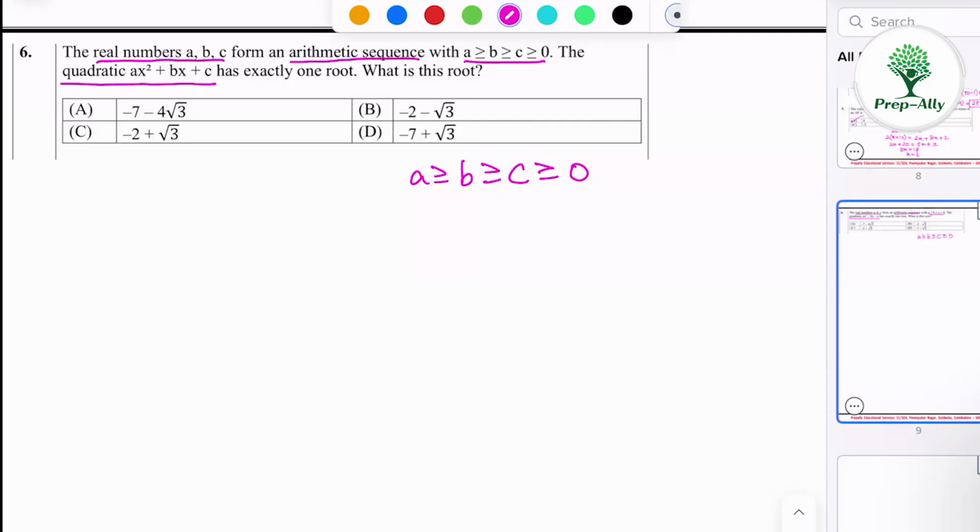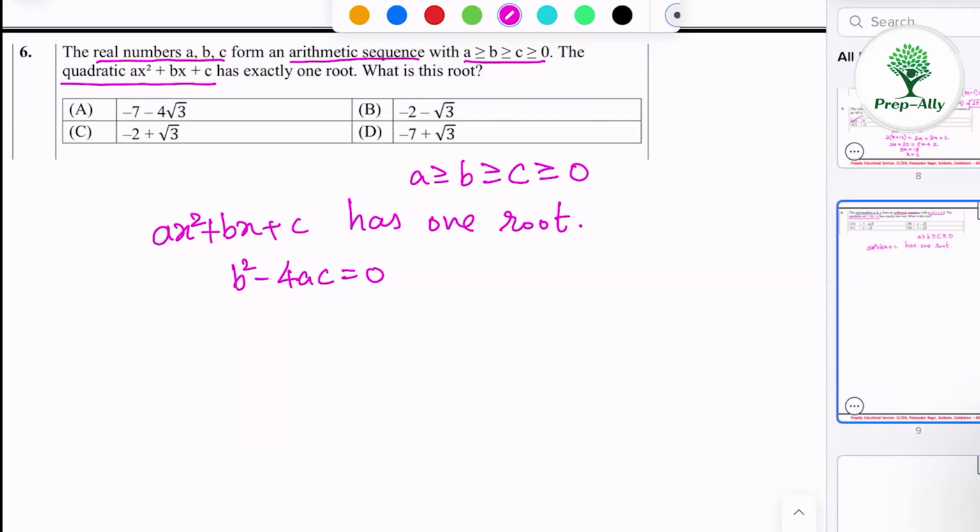We're told that the quadratic has exactly one root, which means the discriminant b square minus 4ac equals 0. And we also know that a, b, c are in AP. So from this, we can write 2b equal to a plus c.